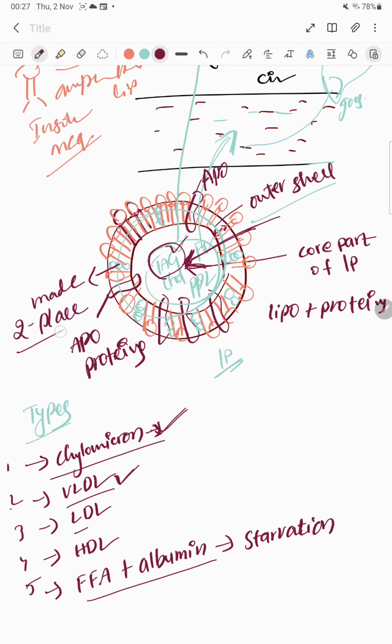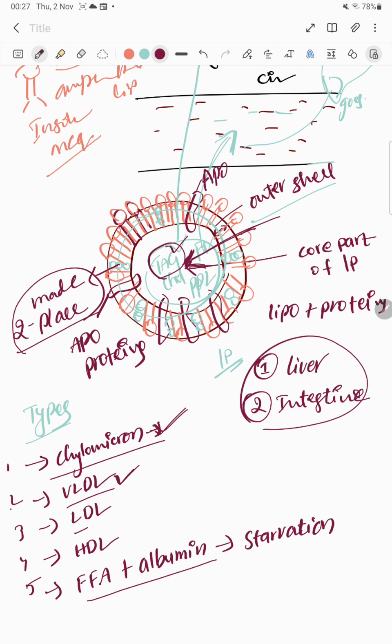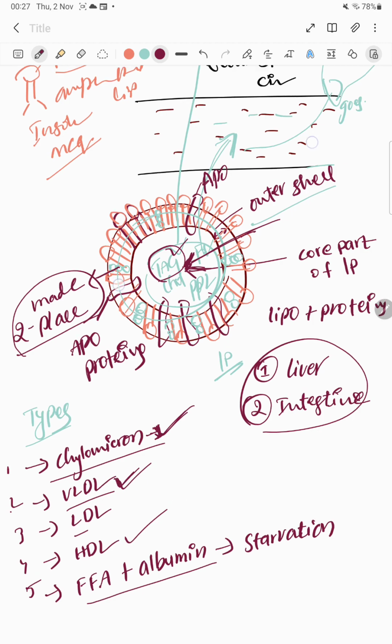If you ask me where these are made, first one is liver and the second one is intestine. We will discuss the synthesis locations in the individual metabolisms of chylomicron, VLDL, HDL. So the locations are liver and intestine.